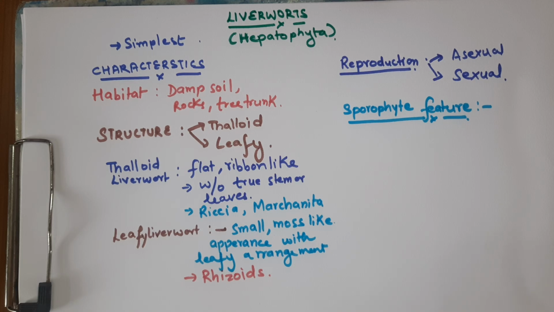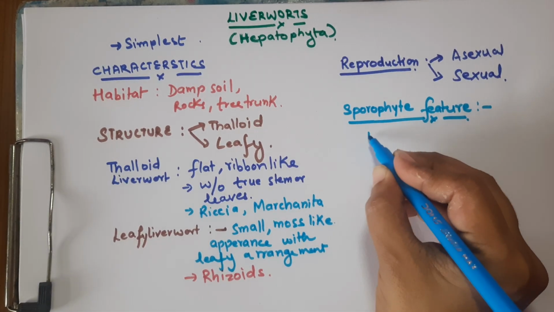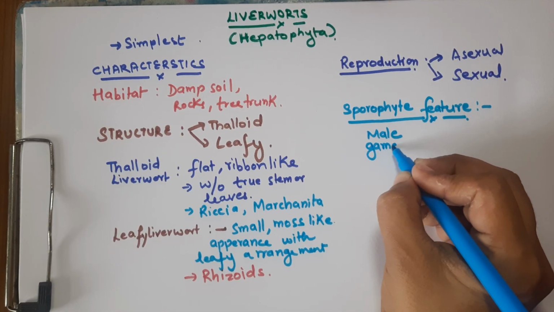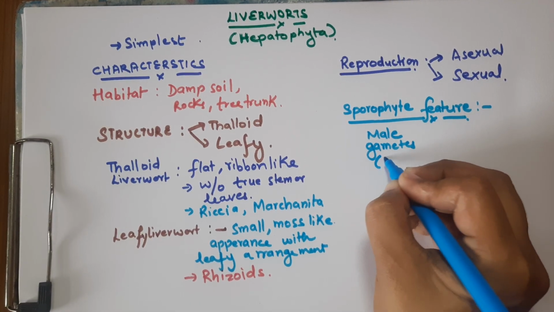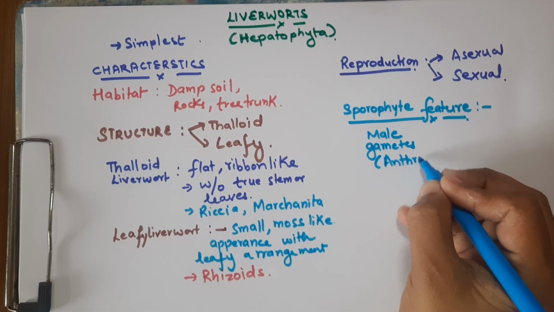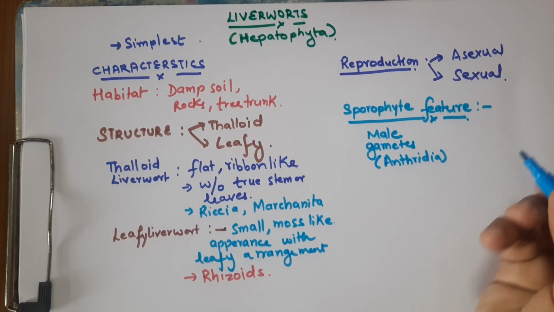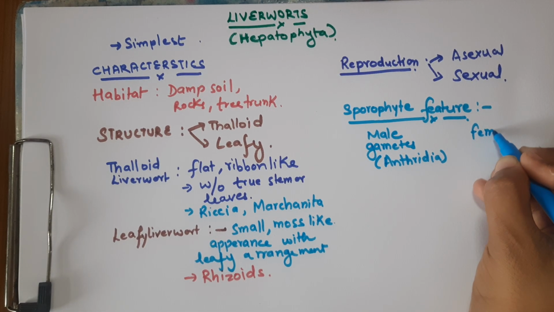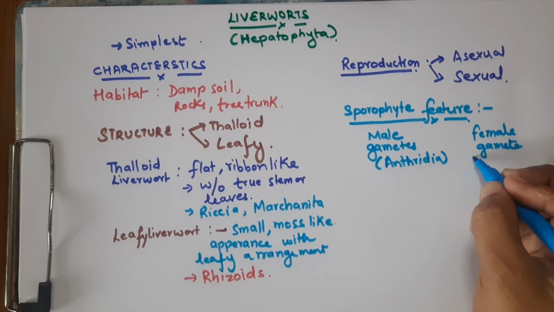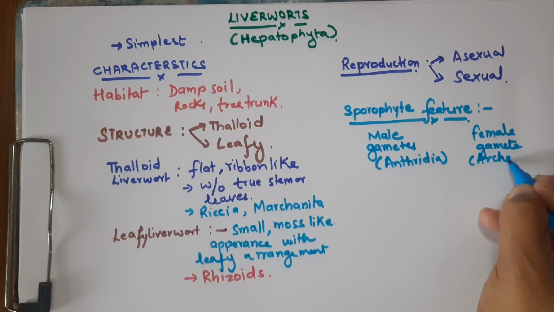I already told you how the process of sporophyte formation happens. Again, the male gametes are formed in the antheridia, whereas the female gametes occur in the archegonia.